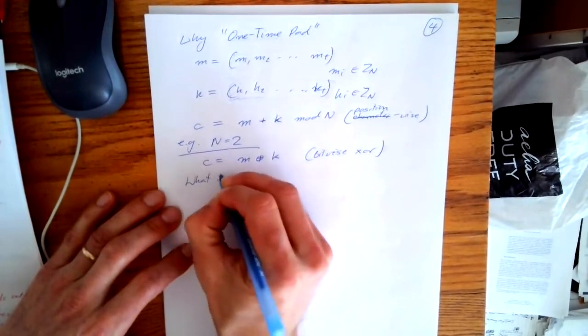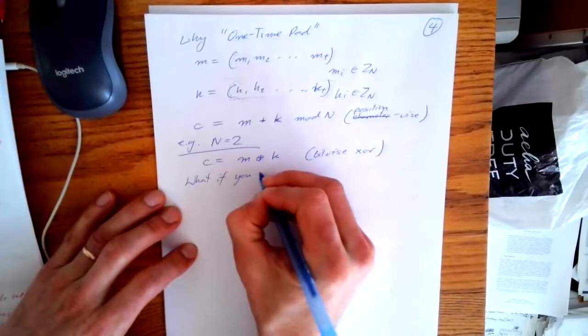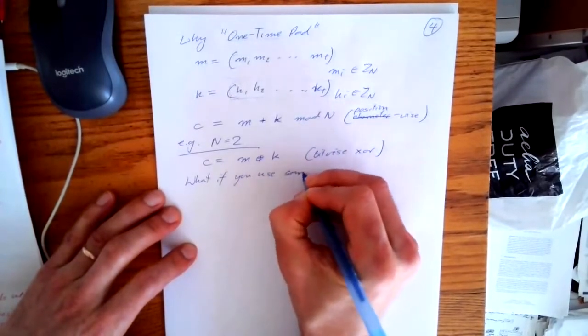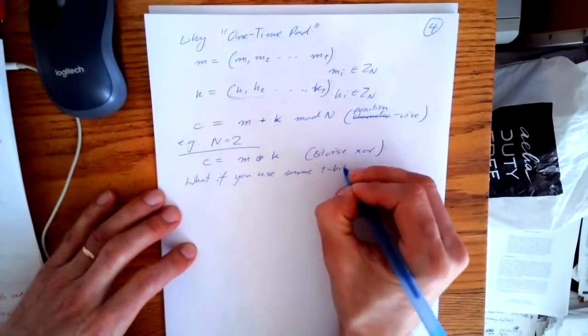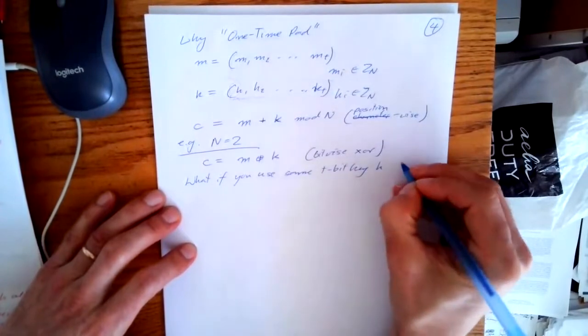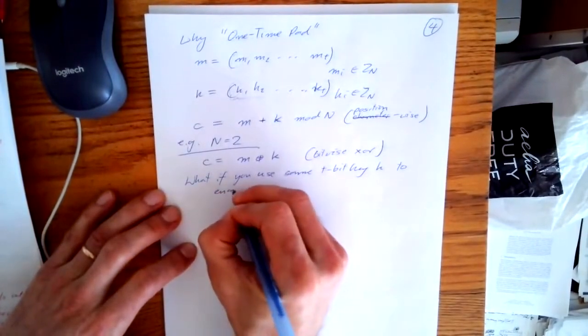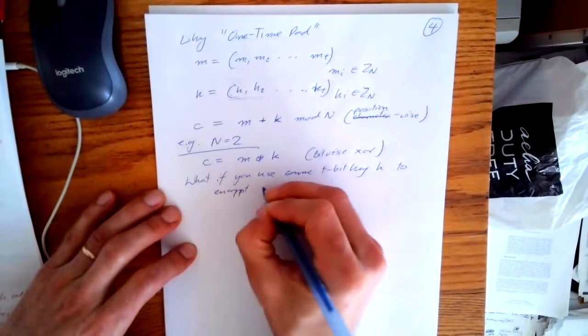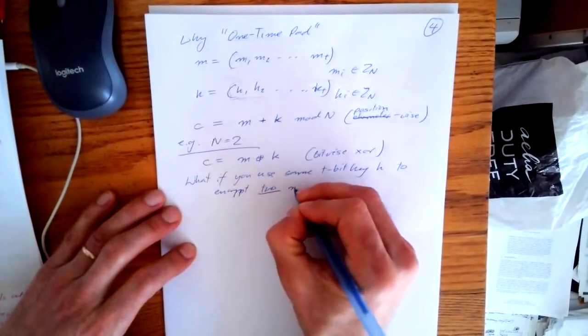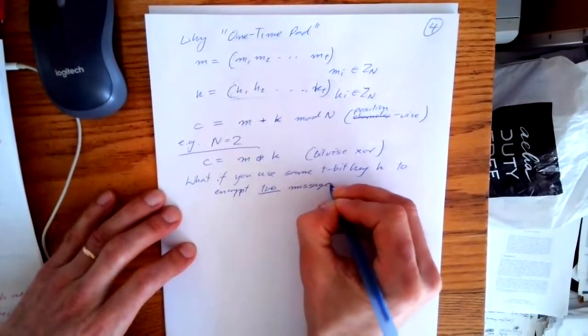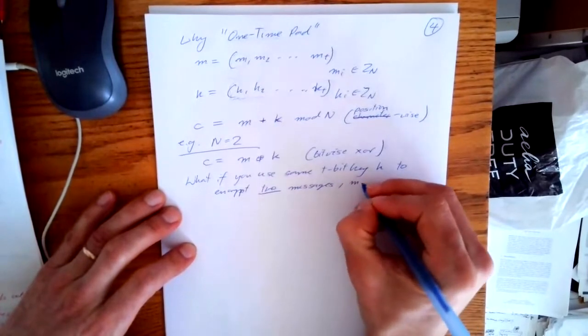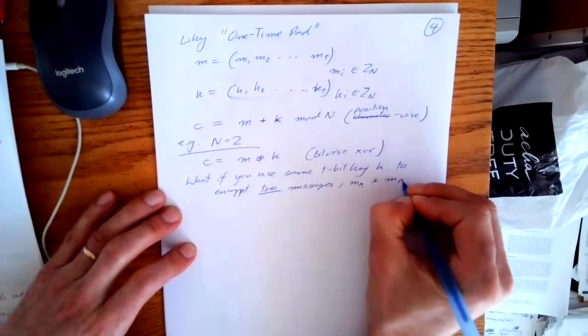What if you use the same T-bit key to encrypt two messages, MA and MB?